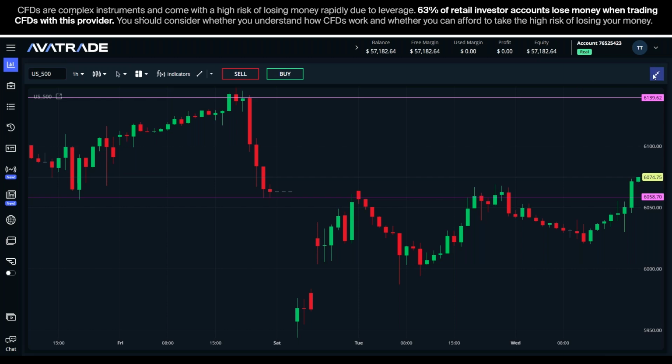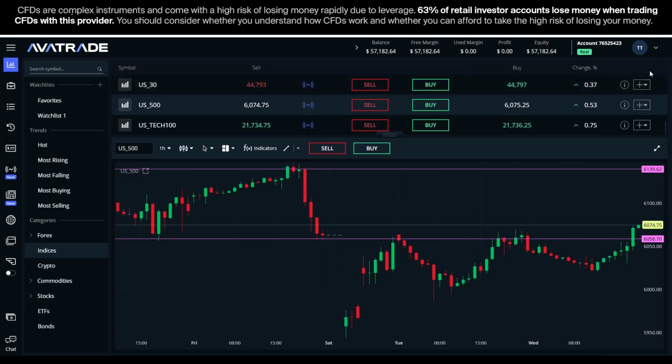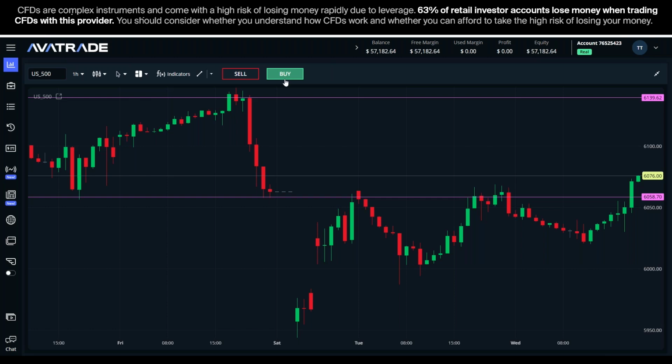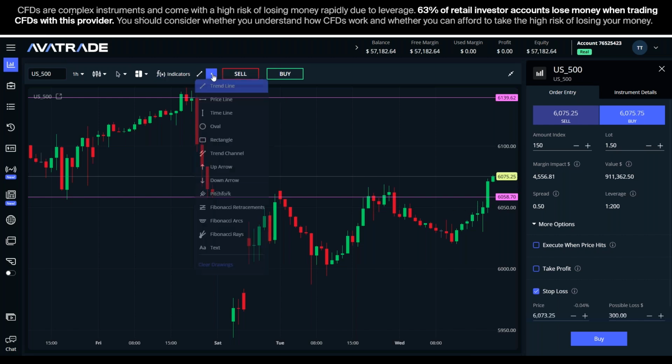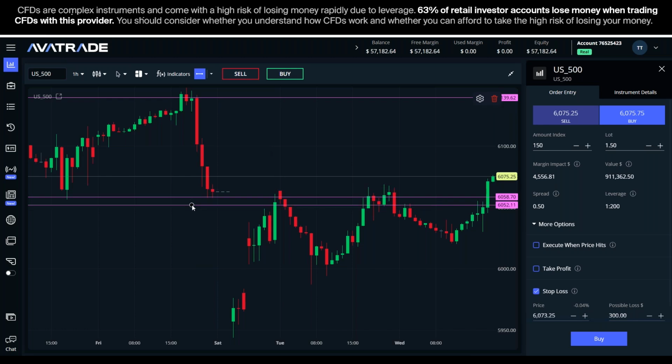So if you were going to buy on this uptrend, and let me put the chart back up and just click buy. If I'm buying on this uptrend, I probably want my stop loss back below the support level. So if I'm buying, I'm saying stop loss down here, like 60.55, something like that, and let me draw another line, get my stop loss down below this support level and back into the gap.